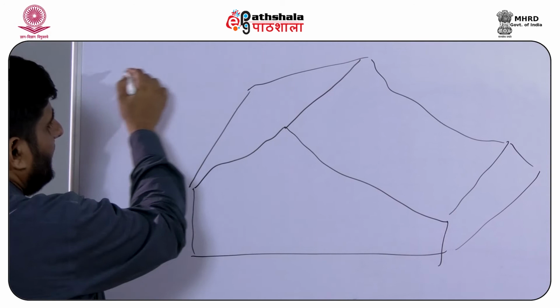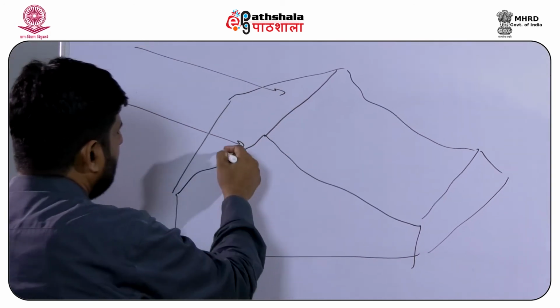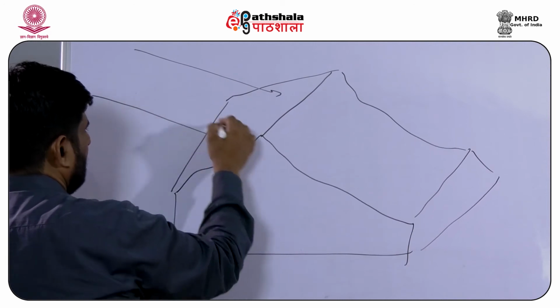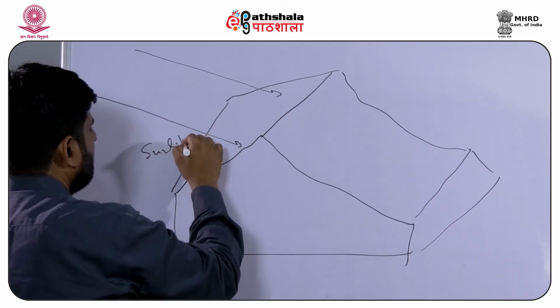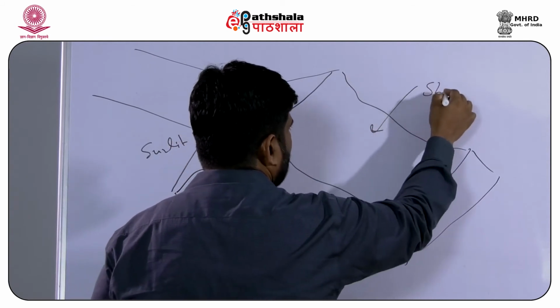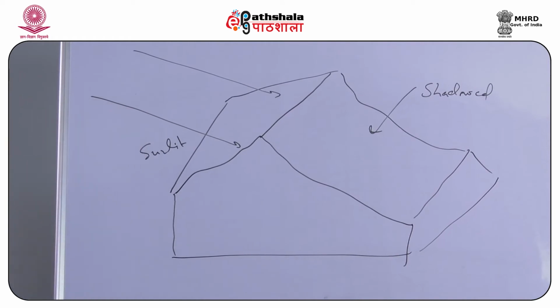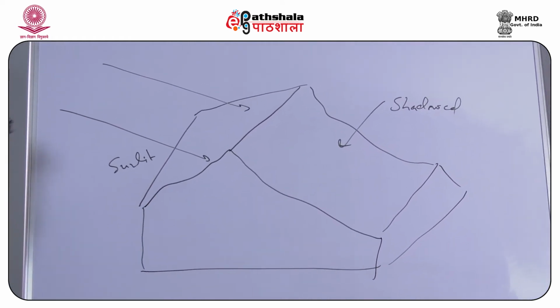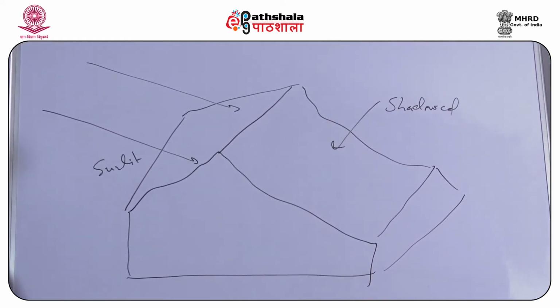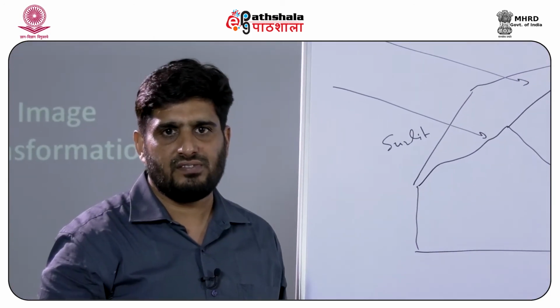now if the sunlight is coming from this direction, this particular portion may be a sunlit portion, whereas this portion may be a shadowed portion because of the slope in the area. Now, suppose we have two different types of land features here. One is deciduous trees and the other is coniferous trees.